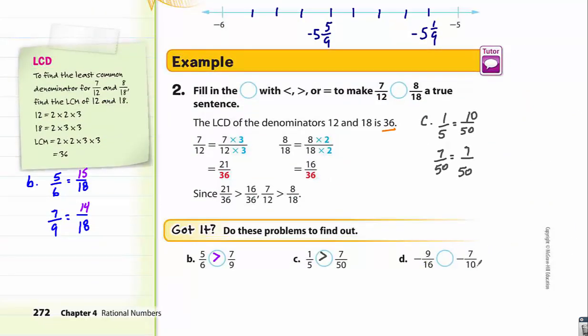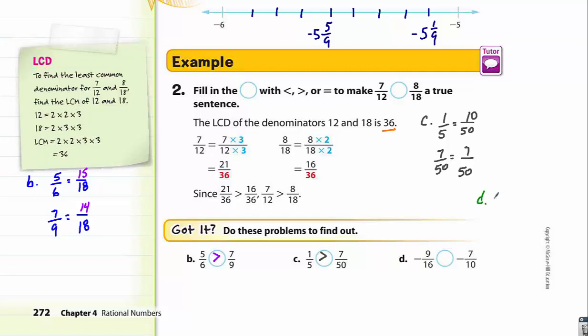So 16 and 10, what do they both go into? Well, the easiest thing here might be to just multiply them together. That's something you can always do. So that's what I'm going to do to solve this one. Letter D, right there.